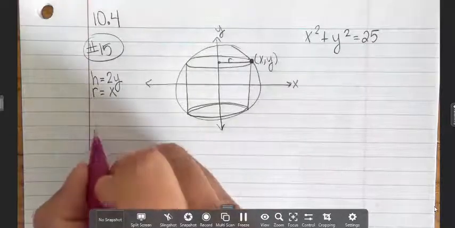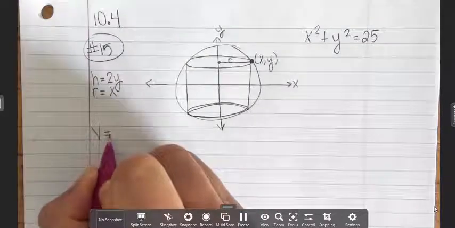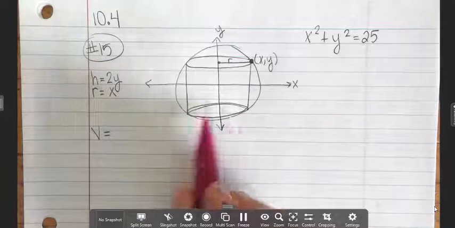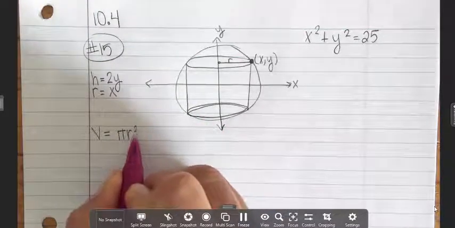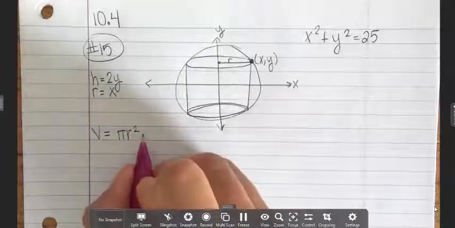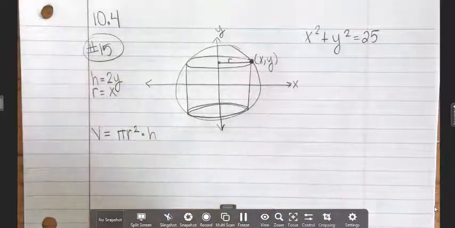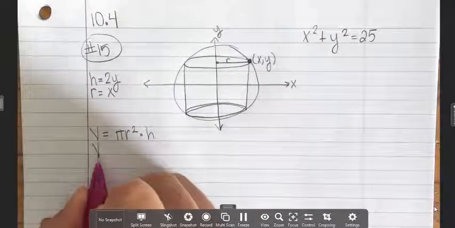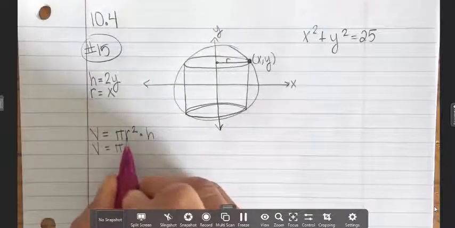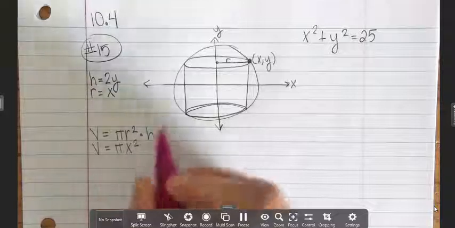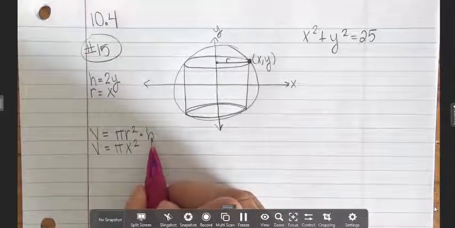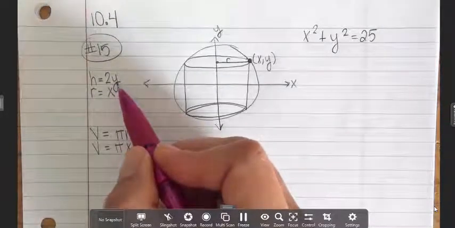Now, how do I find the volume of a cylinder? Well, the volume of a cylinder is the area of the base, which our bases are circles, so pi r squared, times our height. In this case, our radius is not going to be r, it's going to be x. And our height is not going to be h, it's going to be y.